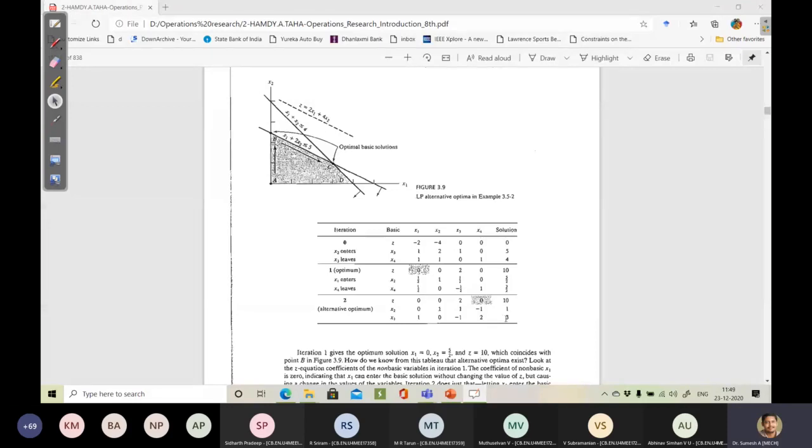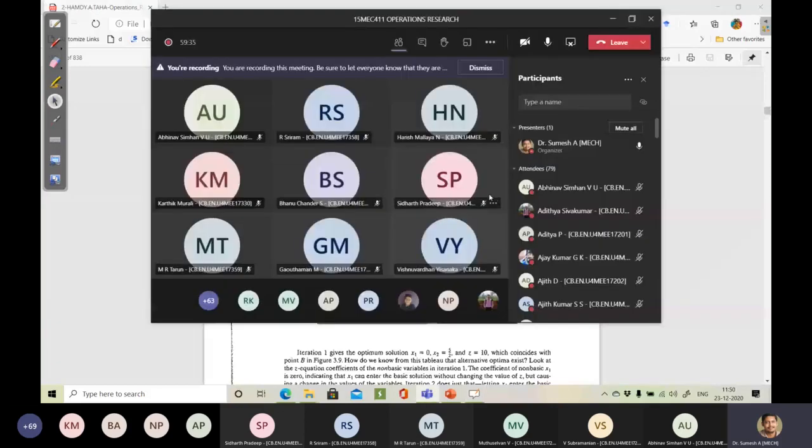If such a case exists, that is called alternate optima. These are all the terminologies which come in the simplex: unbounded, infeasible, alternate optima, degeneracy, and primal dual. That is the overview of your first module, linear programming using graphical and solving by using simplex.